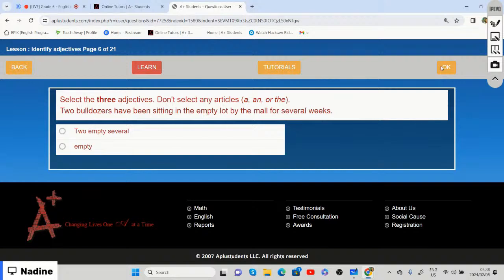So we need to select three adjectives, right? It says two bulldozers have been sitting in an empty lot by the mall for several weeks.